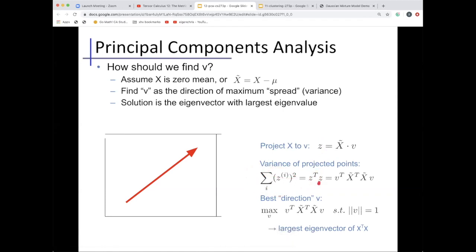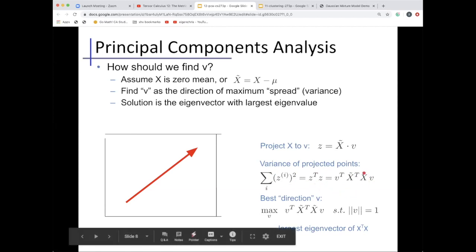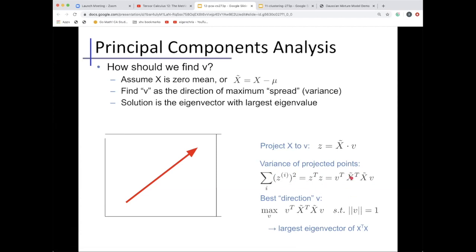Another way you can write this is Z transpose Z, the squared norm of the vector. Or if you write this explicitly in terms of matrix representation, it becomes V transpose X transpose X times V. That is the variance of the projected points. So now let's view this X transpose X as something together, just a matrix.